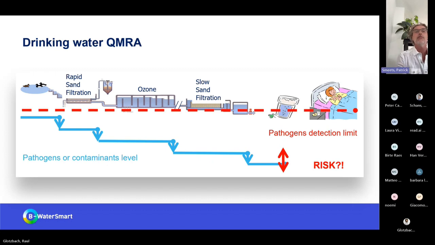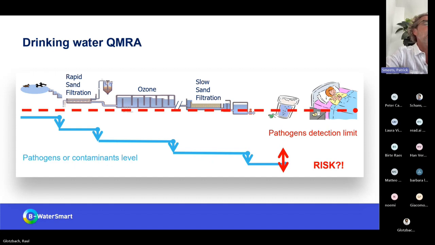There we can measure them, but then once you start treating the water, the concentrations go down, typically with various treatment steps that either physically remove the organisms or inactivate them in the form of disinfection. So the concentration quickly drops below the detection limit. On the other hand, we know that even very low concentrations of pathogens can still cause serious infections, even if they are below detection limits.